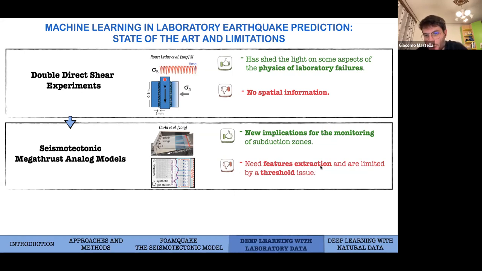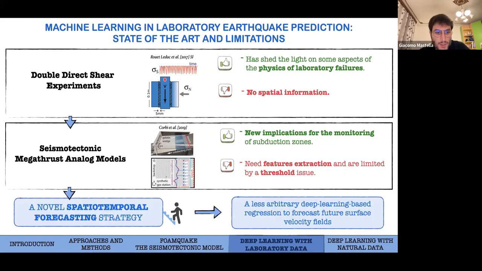And with feature extraction, what I mean is that some statistical features needed to be extracted from the monitoring data acquired with the monitoring system used to analyze the experiment. And this extraction was a choice of the user who used the machine learning algorithm, which potentially could introduce some bias in the results obtained with the algorithm itself.